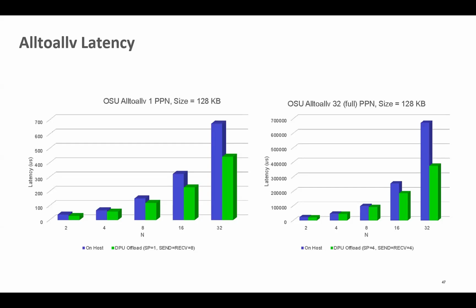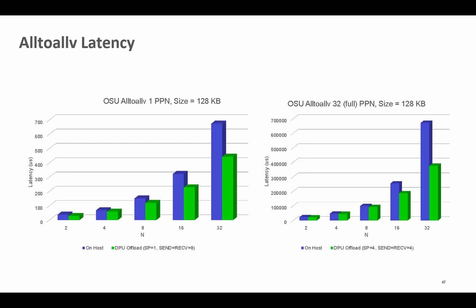And then with the green, where we offload the collective, you can see a very nice performance improvement as you scale up. By 32 nodes, you can get quite significant performance improvement. And if you increase the number of ranks on the nodes, you have the same type of pattern. As you scale up, you can see some very nice performance improvement.